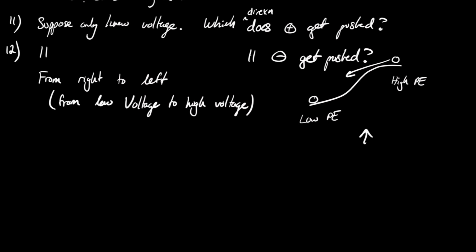And for an electron, low voltage is high potential energy. Again, because low voltage means positive charges like it here. So electrons hate it here. So this is all consistent, and we haven't done anything wrong. We haven't messed our signs up.